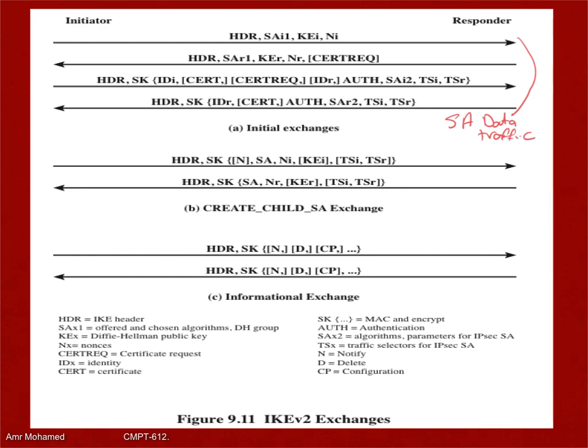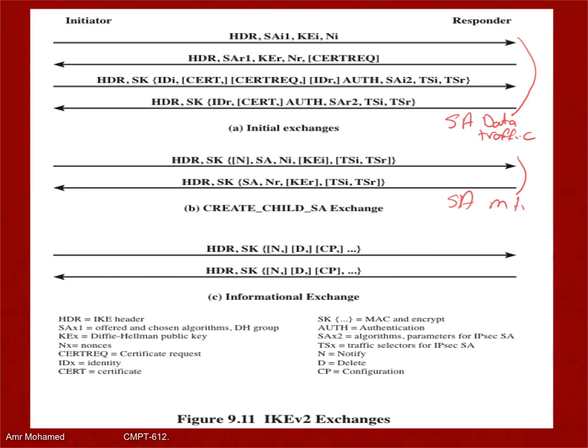This happens as the first step. It establishes the security association, not the data traffic itself. The security association for the data traffic, meaning the security context. This is to establish the security association for the management traffic.